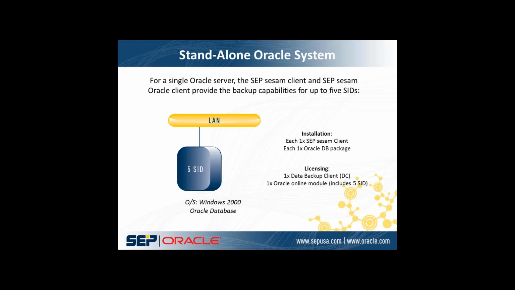So here's just a couple examples of different types of Oracle database configurations that we commonly see. And there's also some information on here about licensing as well, which has various different options, but this is one of them. So we could have a very simple Oracle database with a SEP client backing up that one Oracle database.